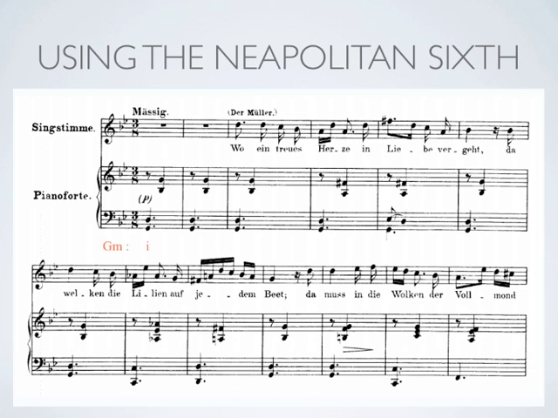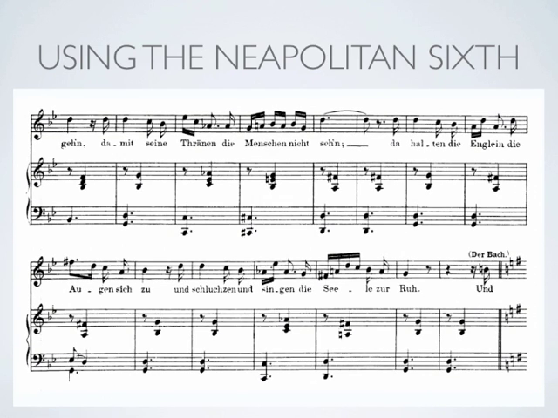Ein treues Herz in Liebe vergeht, da welken die Lilien auf jedem Beet, da muss ihm die Wolken der Vollmond gehen, damit seine Tränen die Menschen nicht sehen.